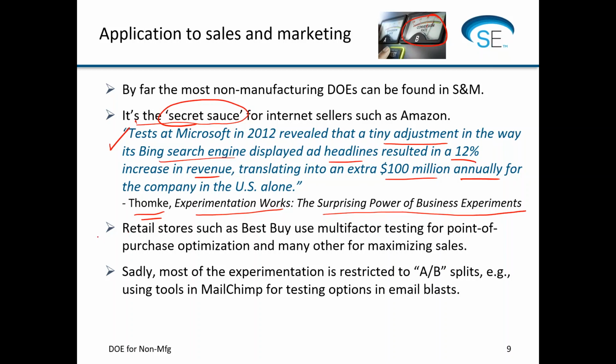In terms of selling at a retail store, I've met on a couple of occasions with analysts from Best Buy, which is based in Minneapolis. And I know for a fact that they use multi-factor testing on things like point of purchase optimization and many other types of advertising and promotion.